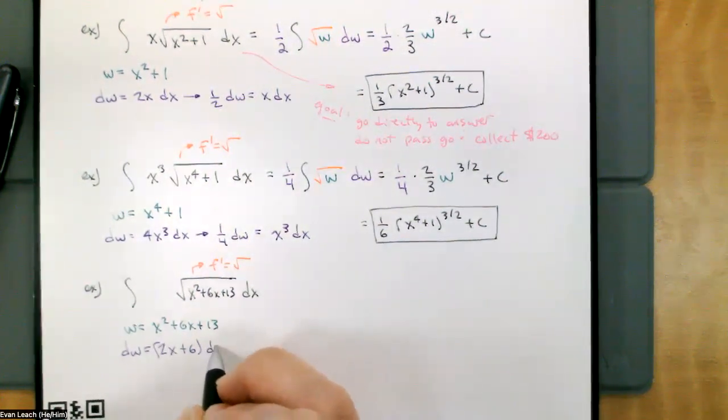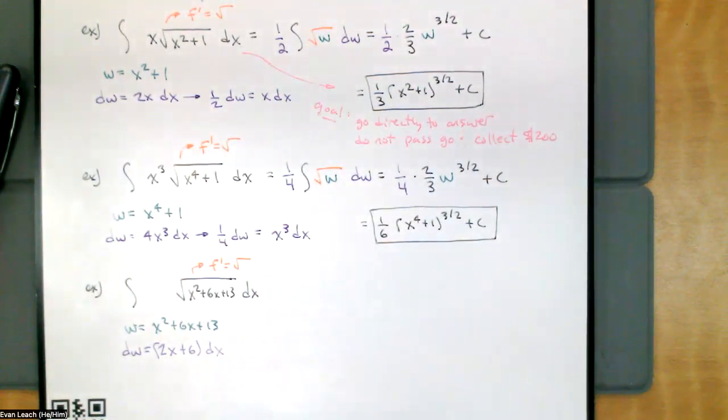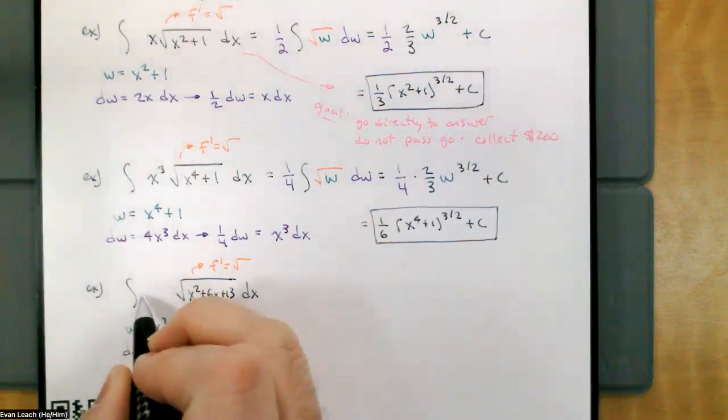And since there's more than one term in my dw, I'm going to wrap it in parentheses. This only makes sense if the 2x plus 6 is all being multiplied by the dx. It doesn't make sense to have a 2x plus just the 6 times dx. No one would think that, but we're going to try to build good habits and put parentheses around factors with more than one term. And I definitely need those parentheses up here.